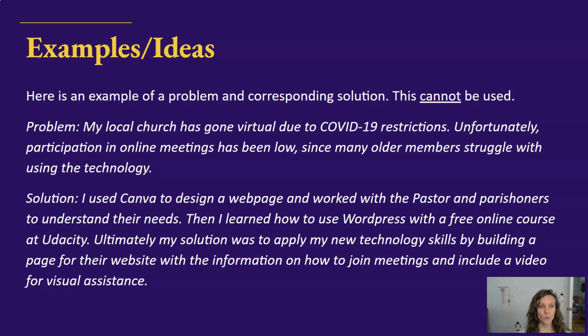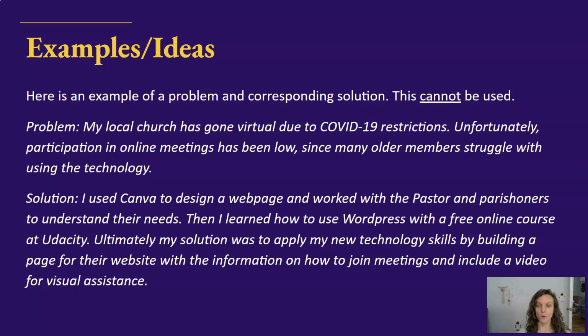So my solution was to use Canva, which is a free graphic design software, to design a web page, and then I worked with the pastor and parishioners to understand their needs. Then, because again you have to incorporate technology, I learned how to use WordPress with a free online course at Udacity.